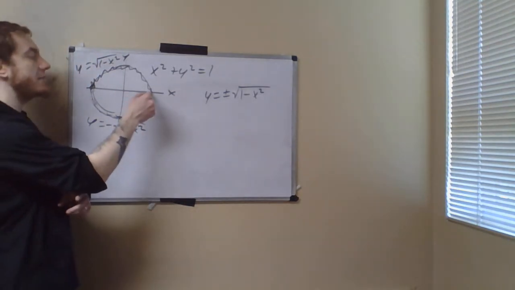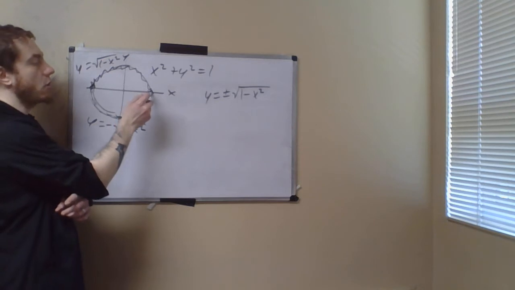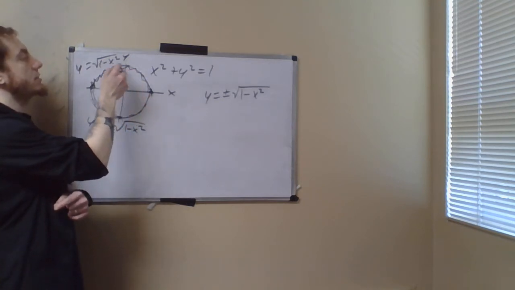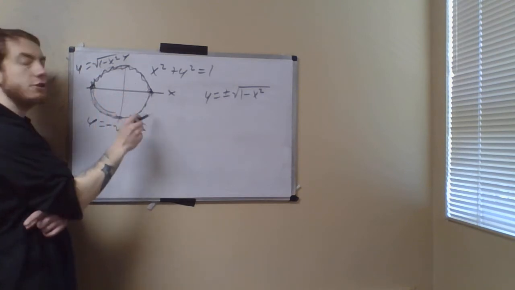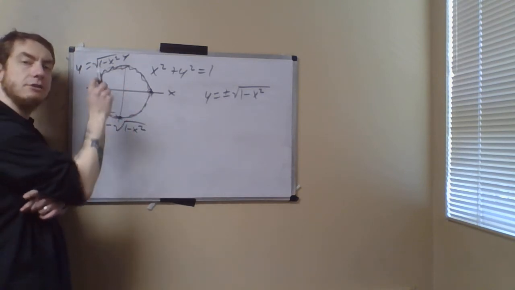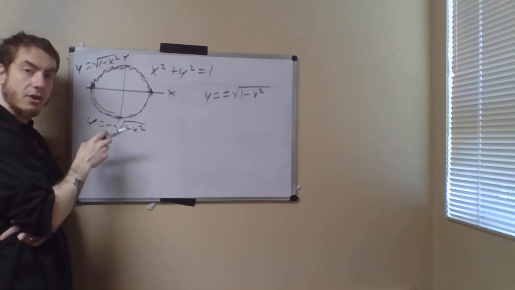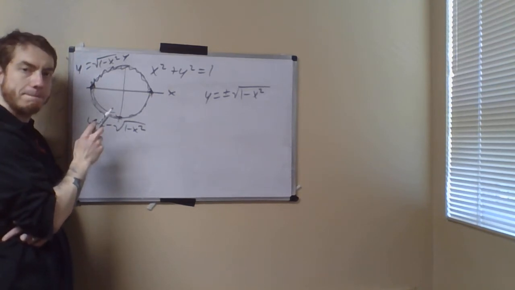Imagine how you would start here and start spinning around the circle. If I wanted to trace out a circle, how could I do that? There are some functions you should be very familiar with that will do this for you.